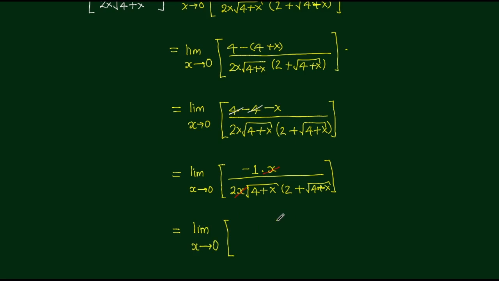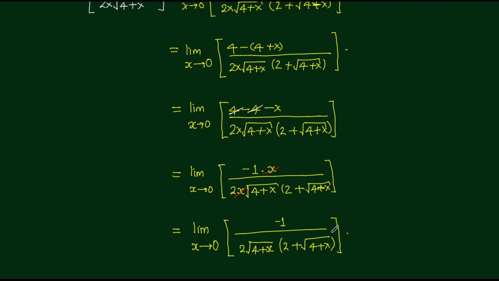So rewriting the remaining terms, we have limit as x tends to 0 of negative 1 over 2 multiplies by under root of 4 plus x times 2 plus root of 4 plus x.